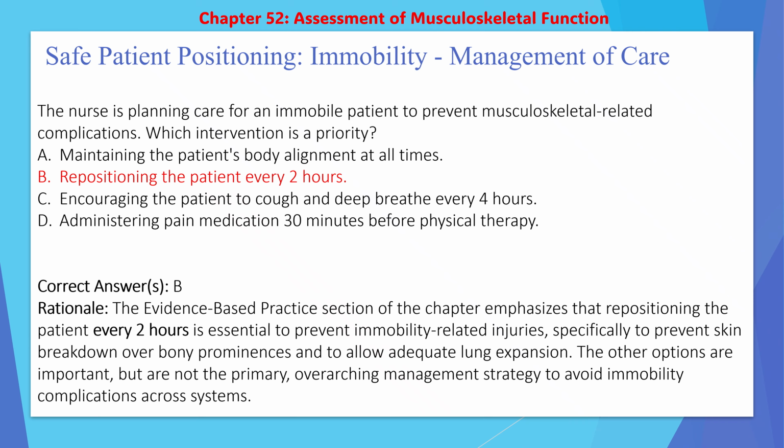The evidence-based practice section of the chapter emphasizes that repositioning the patient every 2 hours is essential to prevent immobility related injury, specifically to prevent skin breakdown over bony prominences and to allow adequate lung expansion.